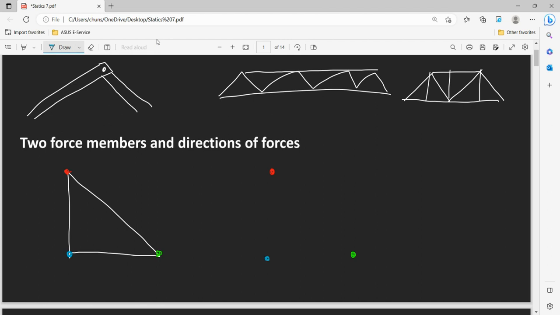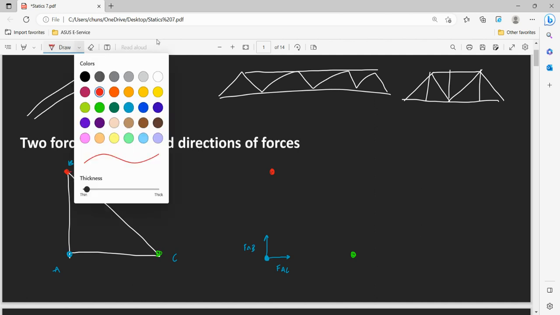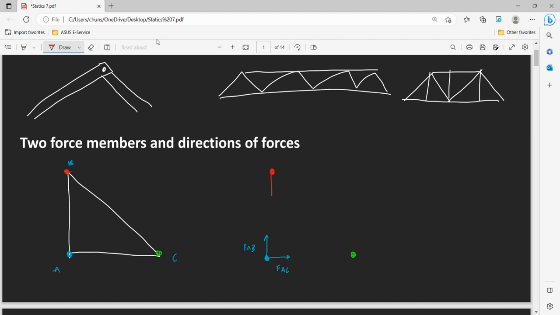You want to draw the internal forces as a result of them being under tension. So let's call these A, B, C. We could call this FAB, and this FAC. For red, it's going to be pointing in the opposite direction to the one we established on this beam.